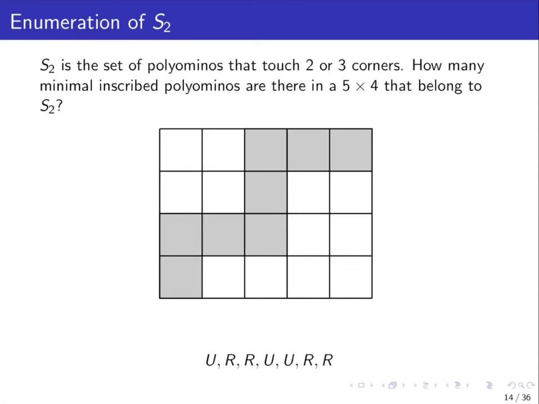A path is actually uniquely identified by this set of instructions. And so the question of how many paths there are is the same question as how many ways can we rearrange 3 U's and 4 R's into a unique sequence. And for those familiar with an introductory course in discrete math, you'll recognize this as an example of using the choose function.